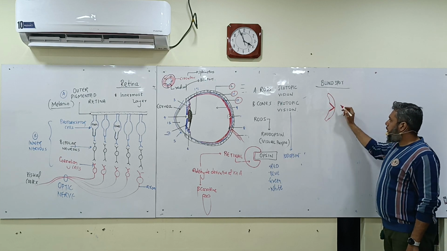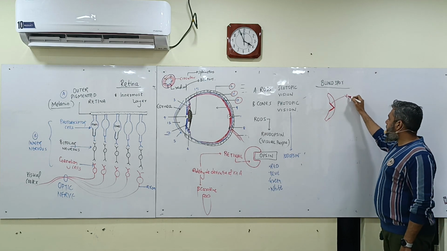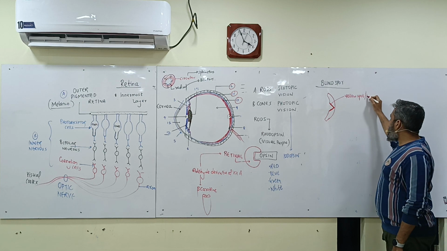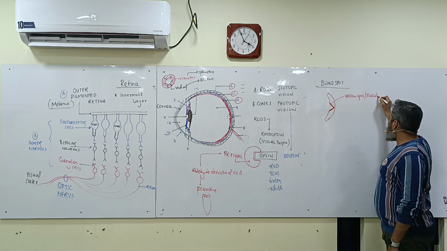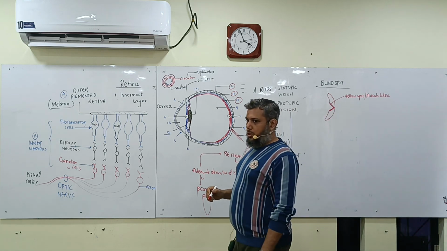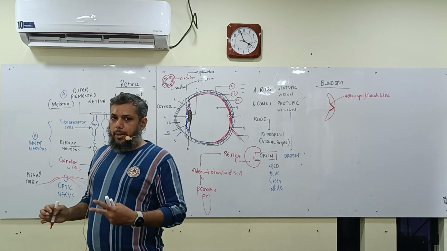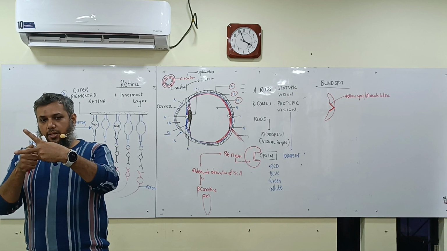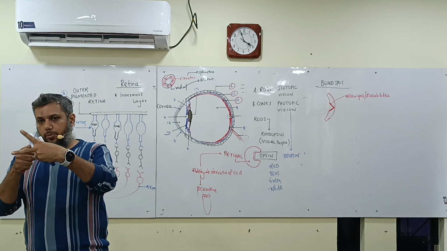Yes. This whole area is called the yellow spot or the macula lutea. What is the whole area called? Yellow spot or the macula lutea. So this is the yellow spot.